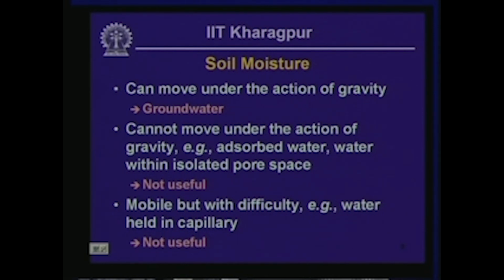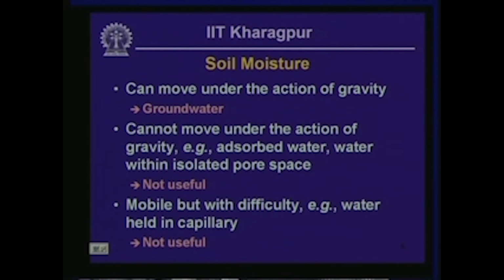So, soil moisture is composed of three different components. One portion which flows relatively easily, and that is the groundwater, which is useful for human consumption. Then there is another portion which is trapped within non-interconnected pore space or adsorbed. This is not useful.